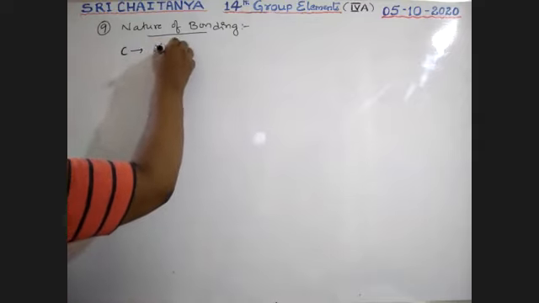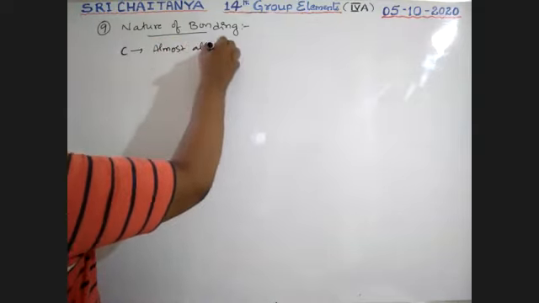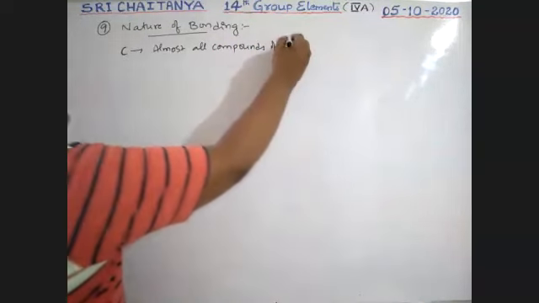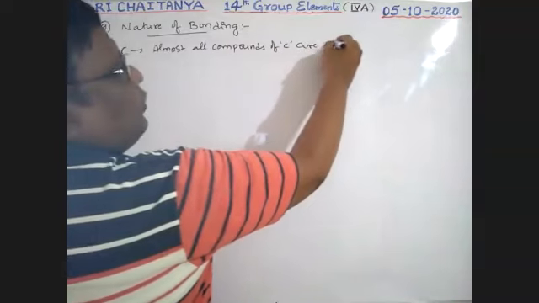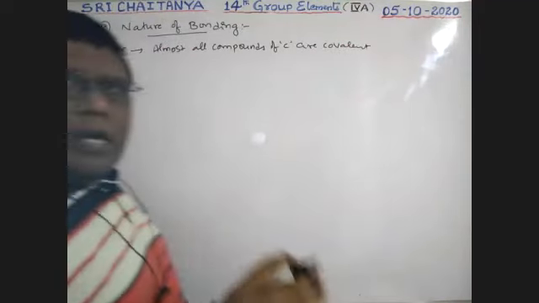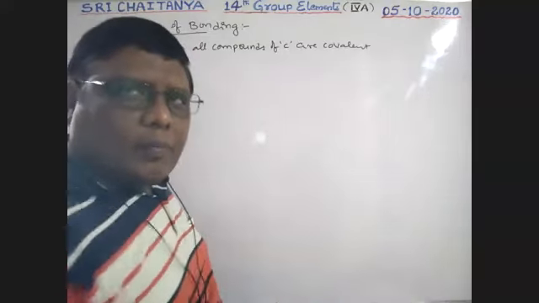See here, first one, carbon. Almost all compounds of carbon are covalent because it is a non-metal.